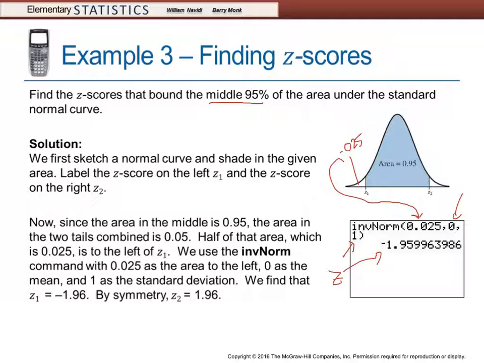And by symmetry, the positive side is just going to be the positive part. Or we could have put in 0.975, and we would have also gotten a positive 1.96. So that's the other way of doing that.